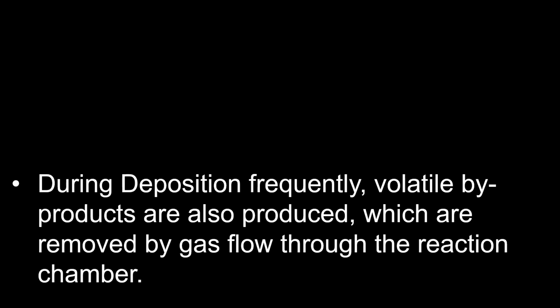The same carrier gas which brings the precursor material onto the surface of the substrate will remove the byproducts and take them into the exhaust scrubber and then to the exhaust system, and from the exhaust system they get released to the environment.